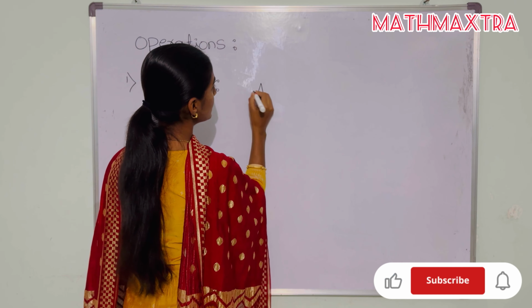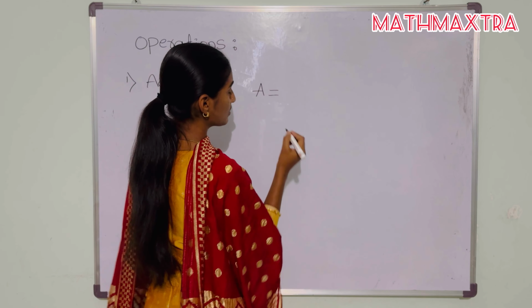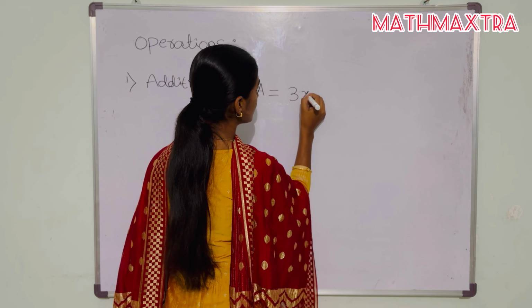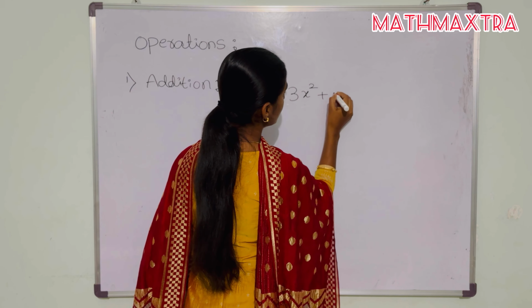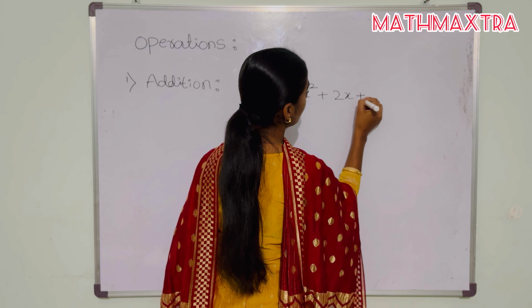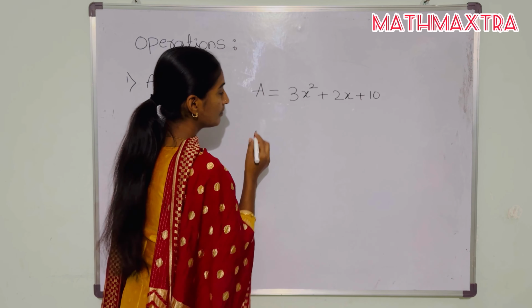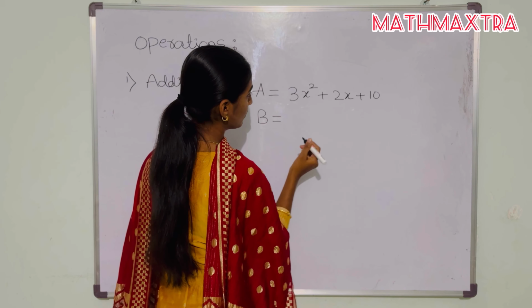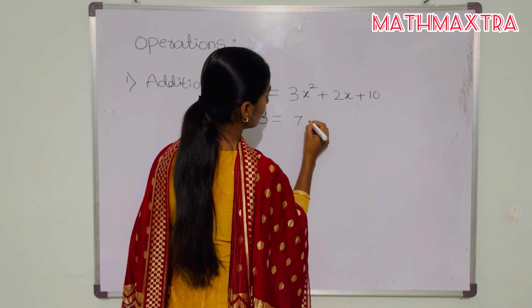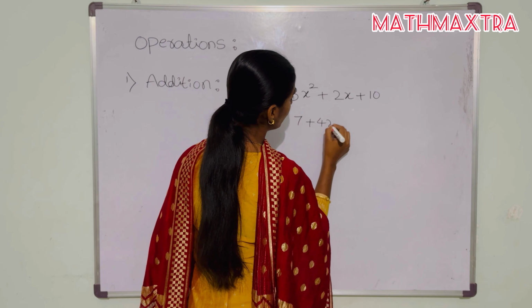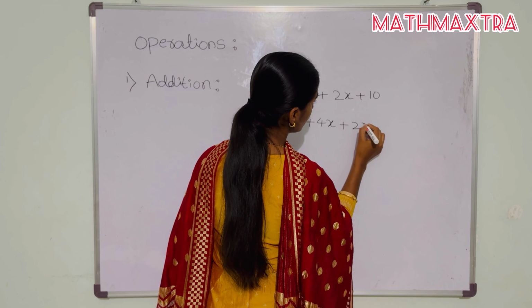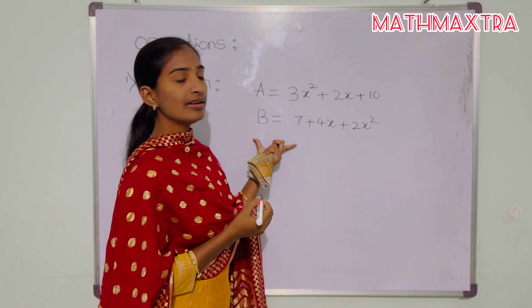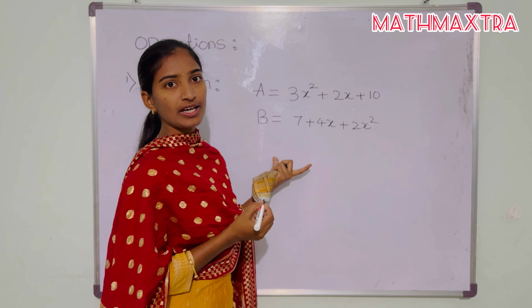So let us consider A is one algebraic expression and this is equal to 3x square plus 2x plus 10. Okay. And B is another algebraic expression, which is nothing but 7 plus 4x plus 2x square. Now how can we add these two algebraic expressions?